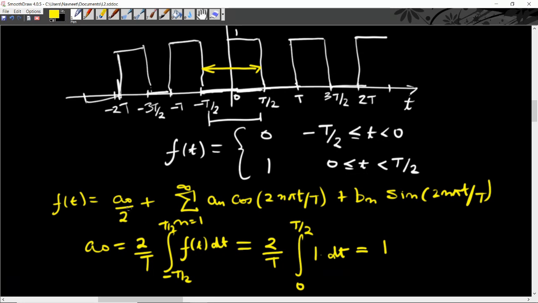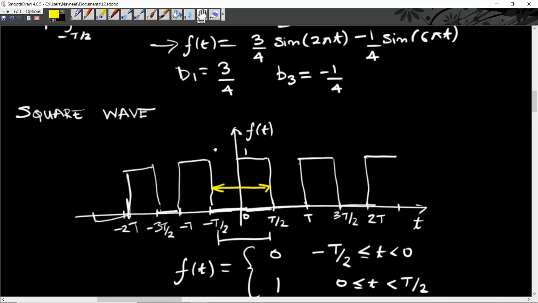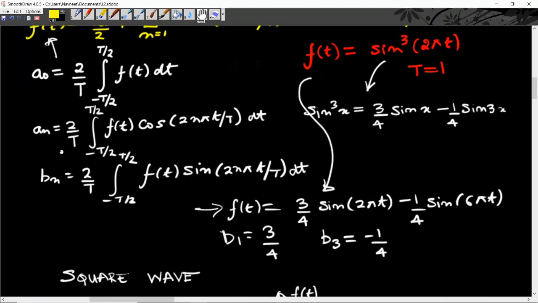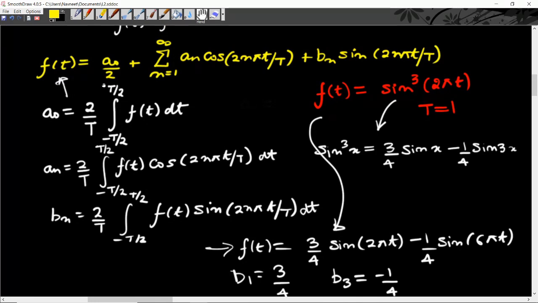Note that this a naught by 2, a factor of 2 in the denominator in the Fourier series, is just because when we write these equations for the coefficients, all the coefficients a naught, an, and bn have a common factor of 2 by T. So it's just a matter of notation that we have this factor of 2 in the denominator of the time invariant term a naught.